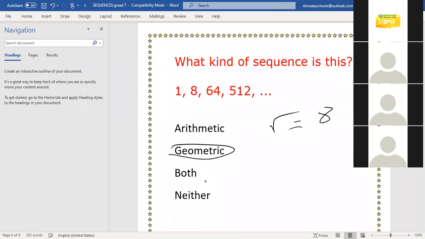Excellent. So 8 divided by 1 equals 8. 64 divided by 8 equals 8. And 512 divided by 64 is also 8. Very good.